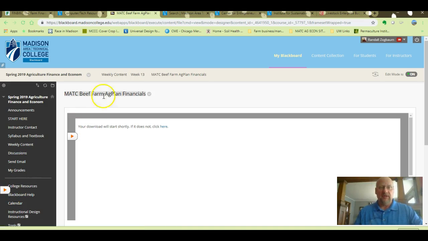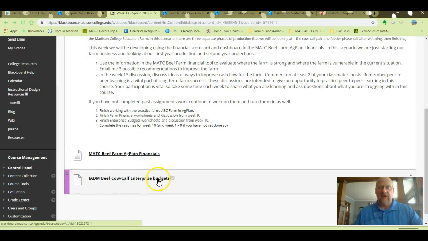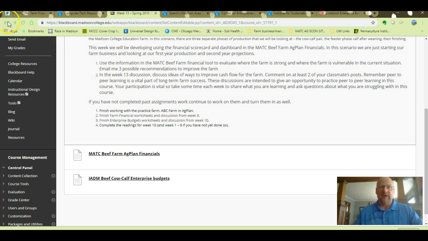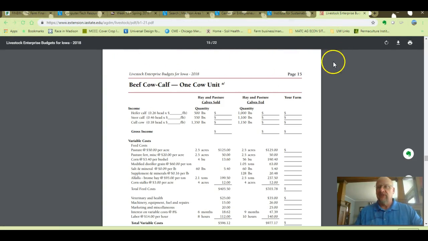If you just go to that website, you can download any of the enterprise budgets which we've played around with before. This is the PDF document that explains all the enterprise budgets on the animal side, the livestock side of the equation.